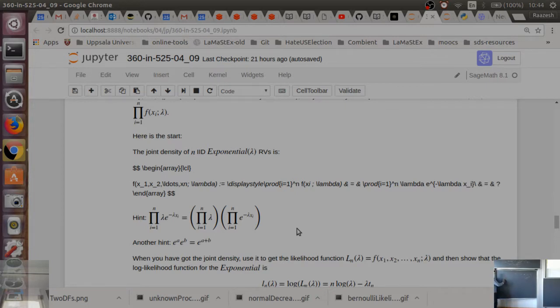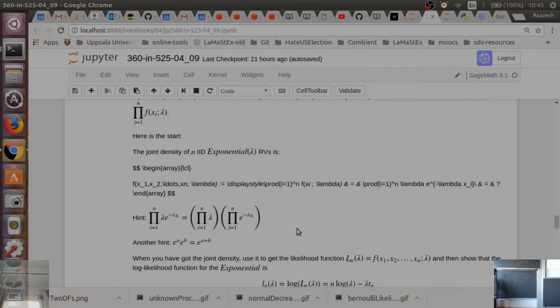Then the likelihood of all my data points as a function of the parameter lambda is simply the joint density. Because I have a realization, I can write it with a semicolon lambda. And because of the IID assumption, this breaks down into the product, and for us each one is just lambda e to the minus lambda xi.